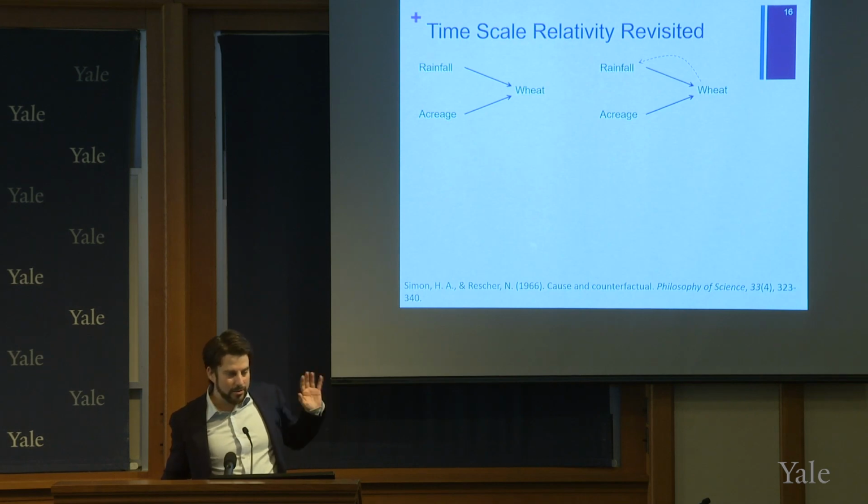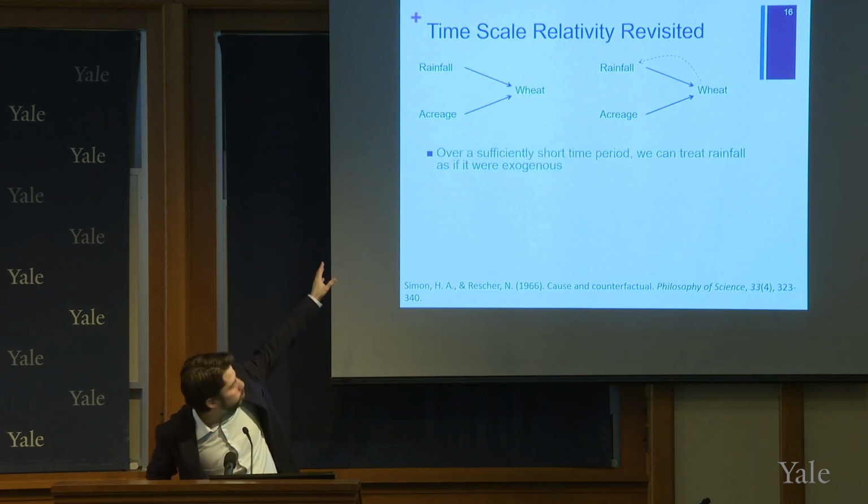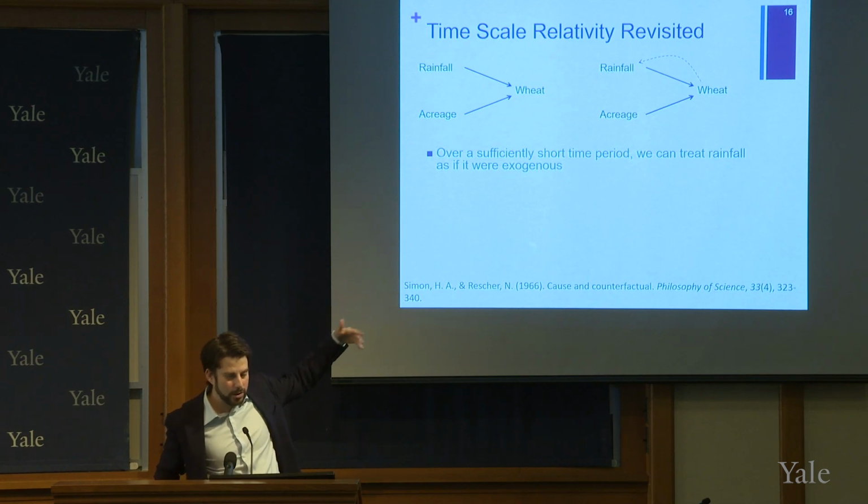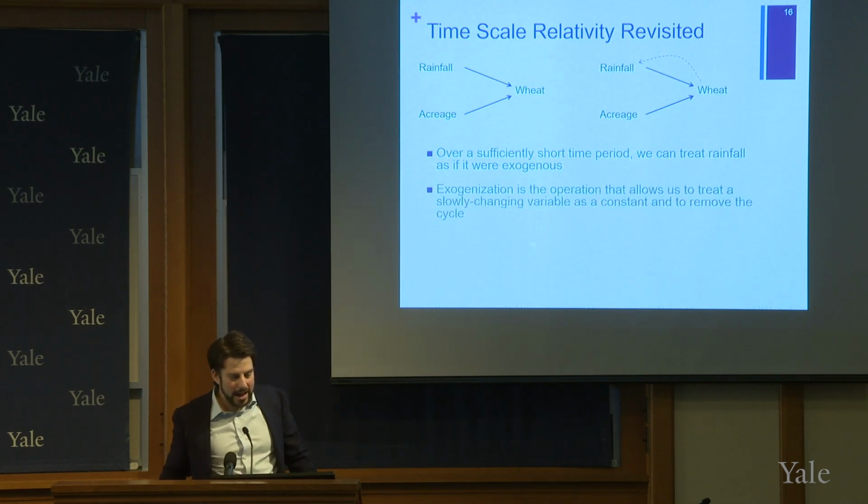Now, going back to our original example, we can understand it in terms of exogenization. Once again, we had one model without a cycle, where rainfall was exogenous, and another one with a cycle. It's a very simple example, but the punchline is that exogenization is the operation that allows one to treat rainfall as exogenous.